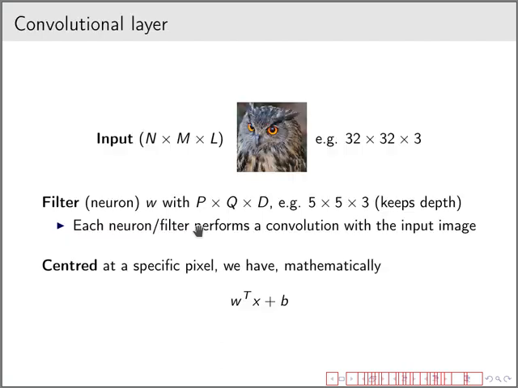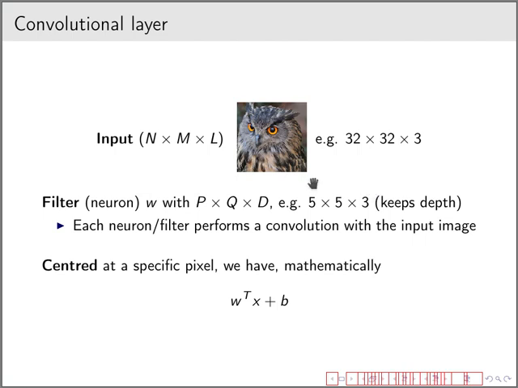So first, the convolutional layer. When we have an input image, let's say this image is 32 by 32 pixels by 3, in this case an RGB image, we are going to have a neuron as a filter. This filter has size P, Q, D, let's say 5 by 5 by 3.